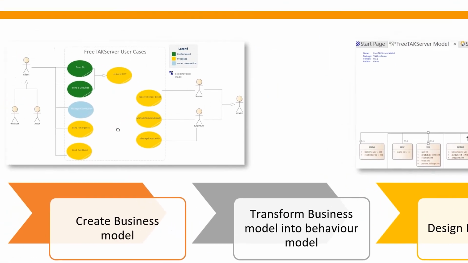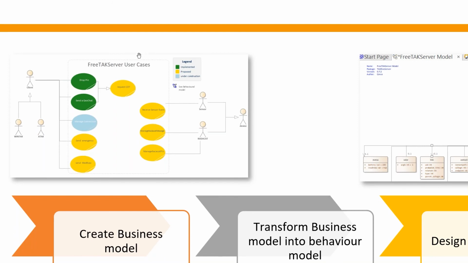So we begin with the TAKServer use cases. A use case, for those of you who are not familiar, is an interaction between a client and a system. The system in this instance is FTS, obviously, and the client could be ATAK, WinTAK, Radicat, or a sensor, though these are more future concepts.